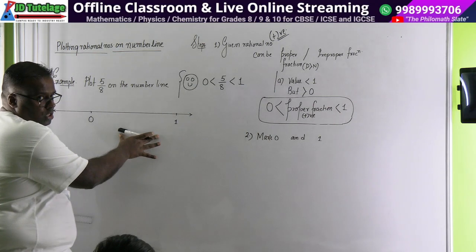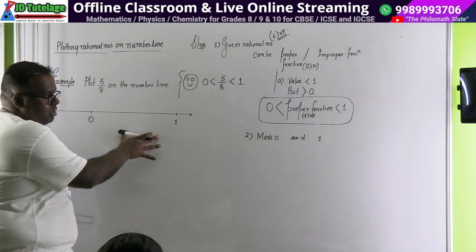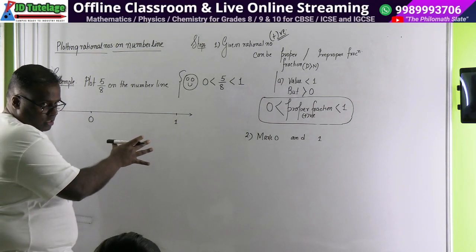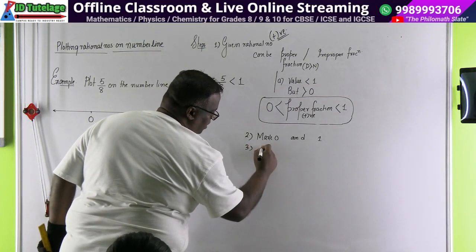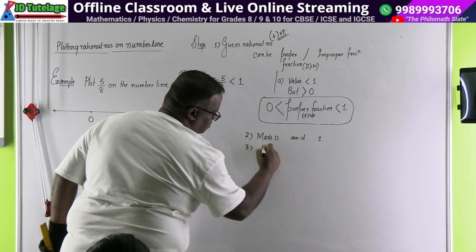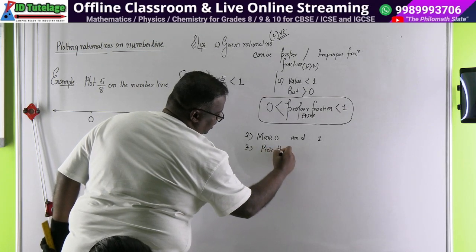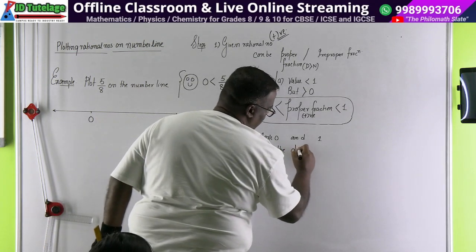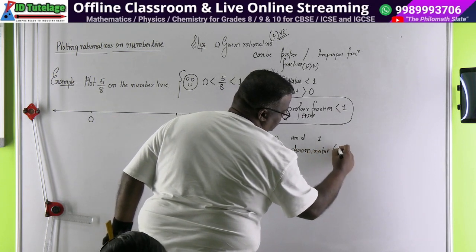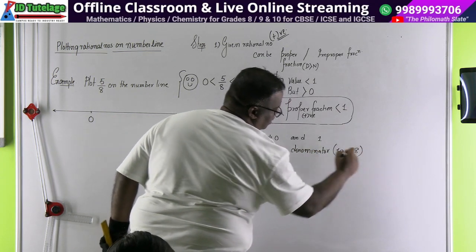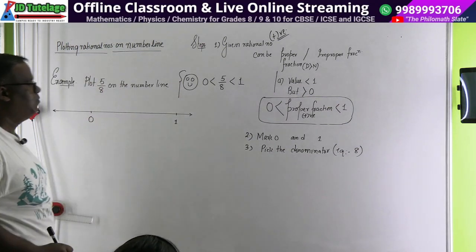Break this portion into 8 equal parts. Hold on. Then my third thing will be pick the denominator. In my example, what is the denominator? 8. Right?